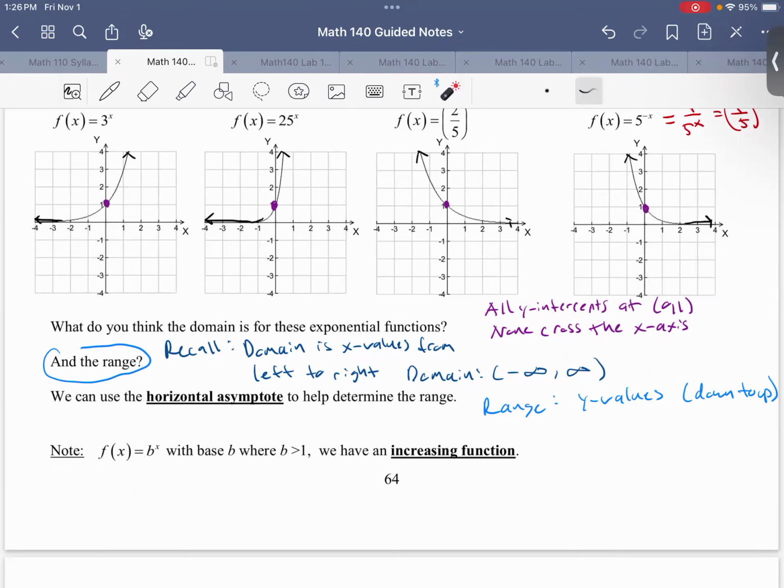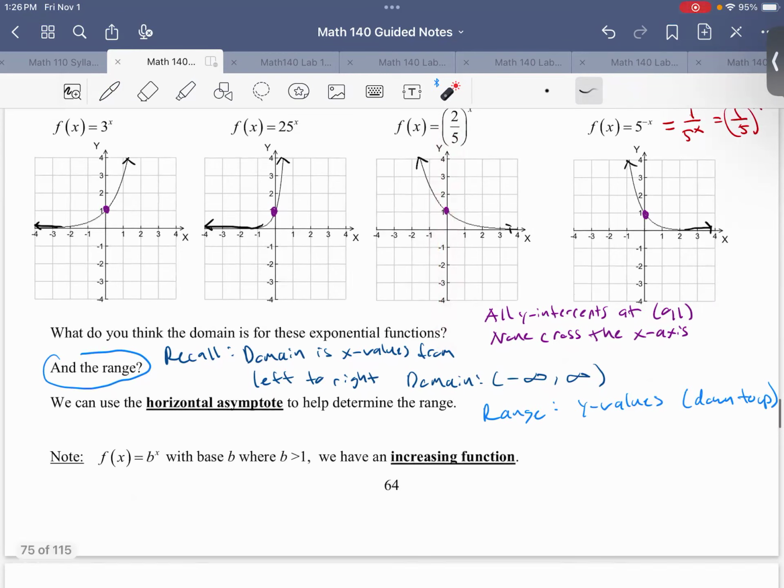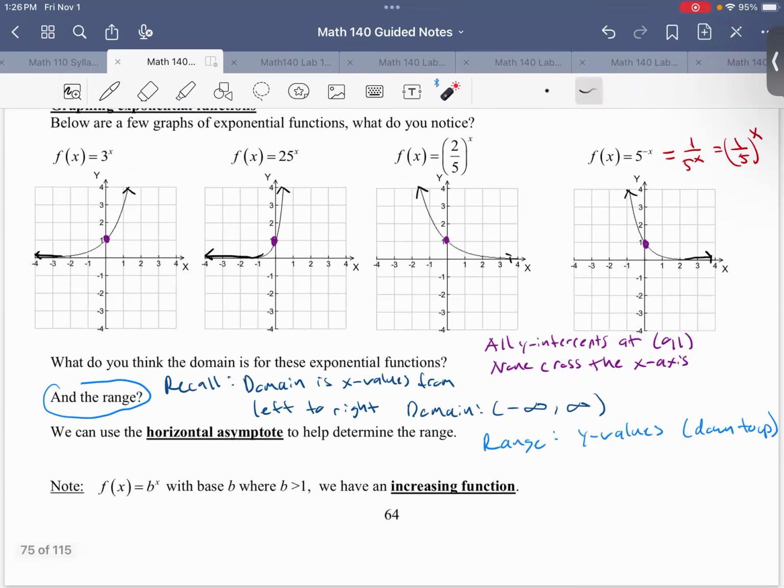So our y values is all, excuse me, the range is all y values we get for a function, down to up. So if we look at any of these graphs, the highest I go is infinity. Nothing is stopping me from going all the way to infinity for each one of these functions.